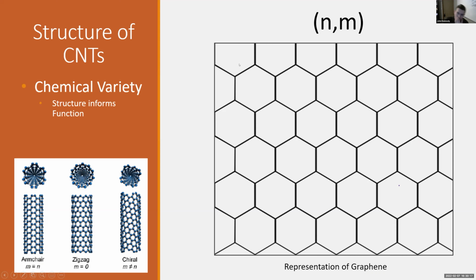Carbon nanotubes exhibit a crazy variety of chemical properties based on their structure and functionalization, but I won't talk about functionalization. They've been used for energy storage, boat hulls, vehicle parts, electronics, and a bunch of other things. The way we derive the names of the carbon nanotubes is defined by how we rolled up that original sheet. We're going to talk about them as an ordered pair of two points on a lattice.